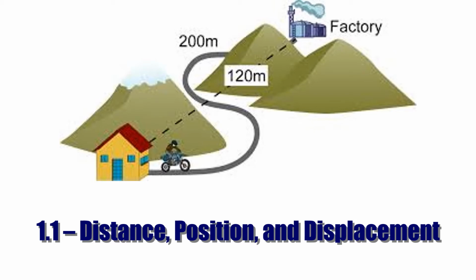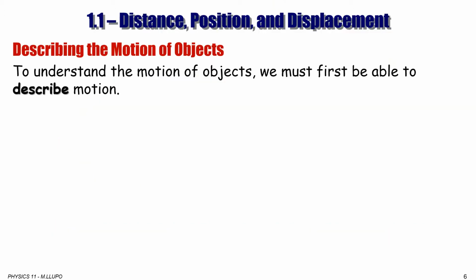Chapter 1, Section 1, Distance, Position, and Displacement. In this section, we're going to compare and contrast those 3 different concepts in kinematics. And we're going to see a difference between scalar quantity and vector quantity.